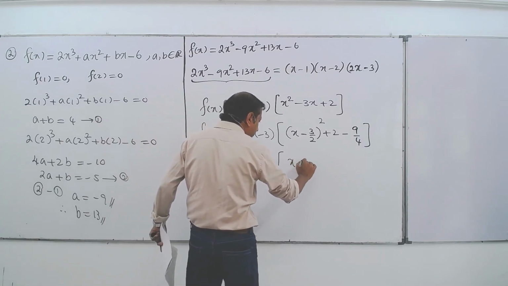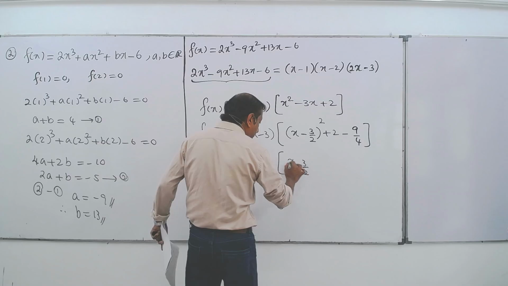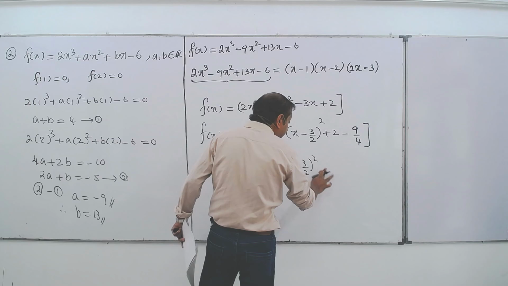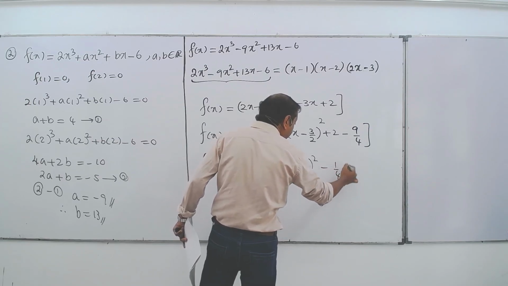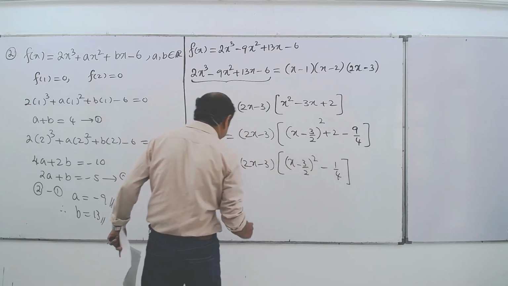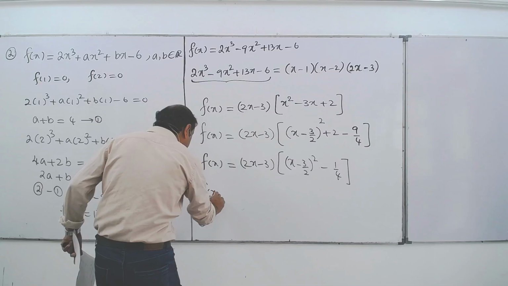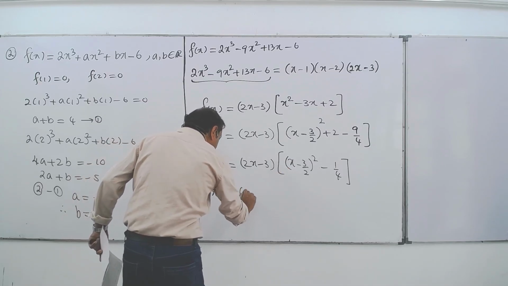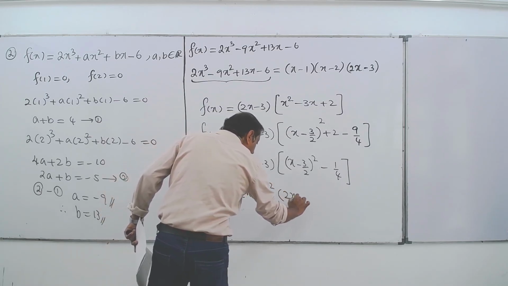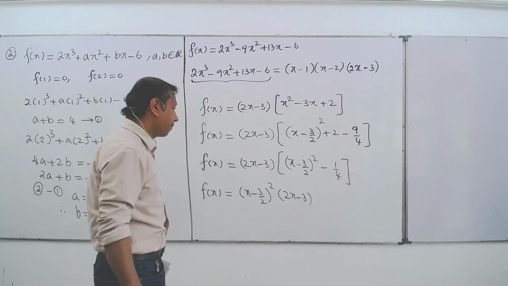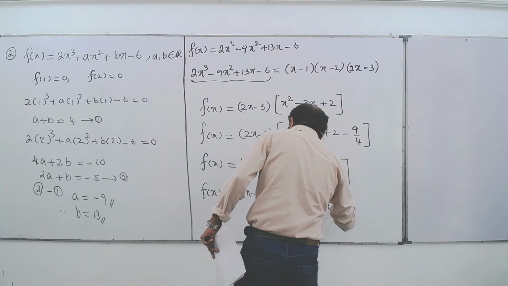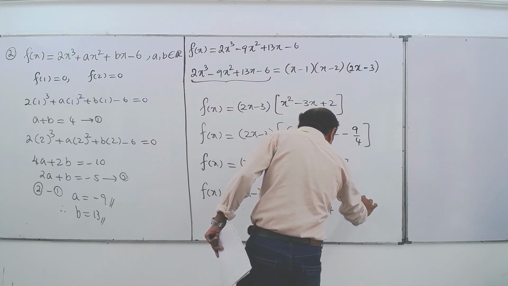Now we can write fx as 2x minus 3 times, here, x minus 3 by 2 perfect squared. Here 8 minus 9 is minus 1 over 4. Then we will multiply by both. Then we get x minus 3 by 2 perfect squared into 2x minus 3, and minus 1 over 4 into 2x minus 3.